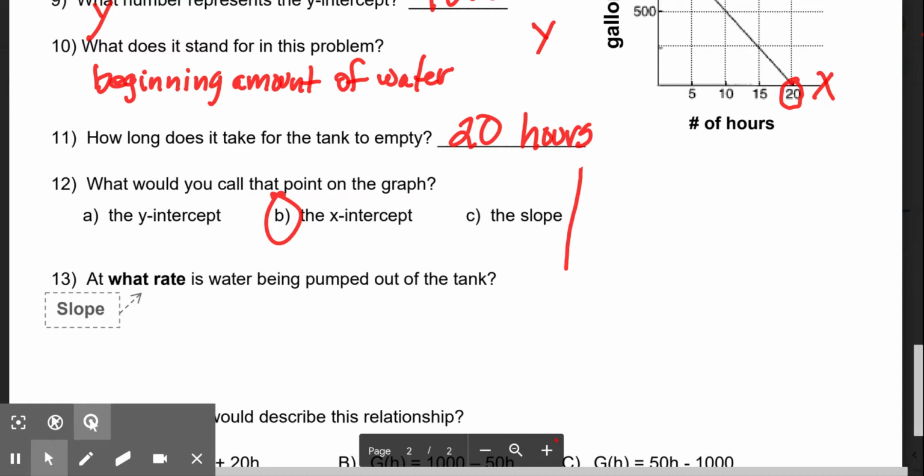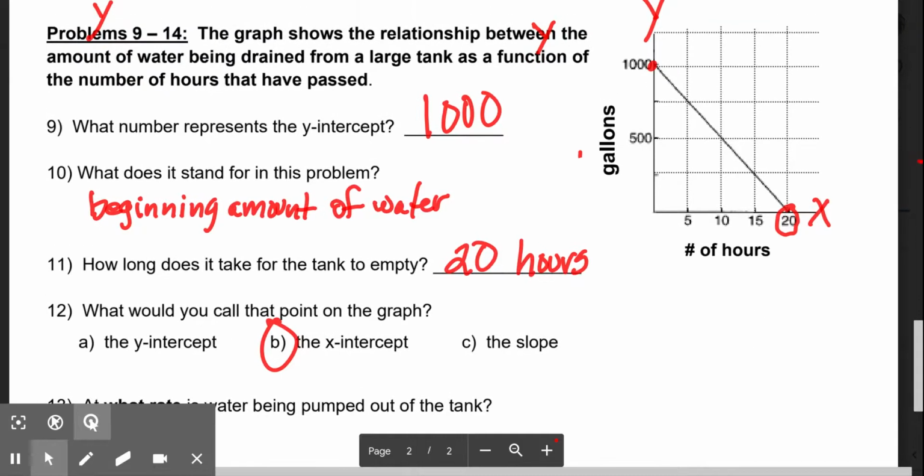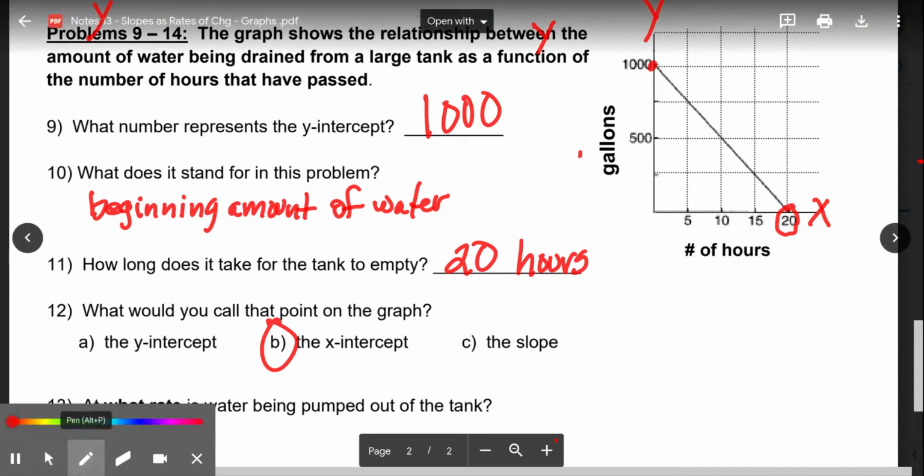All right, and then number 13 says, at what rate is water being pumped out of the tank? A couple things you could do here. Here is your rise, and here is your run. So your rise is 1,000, your run is 20.